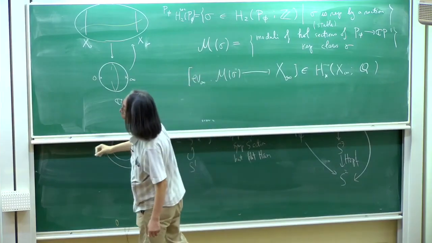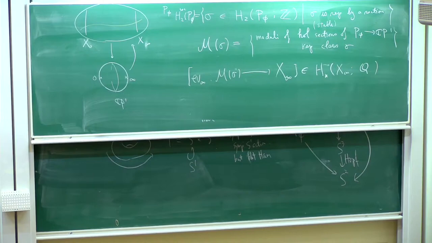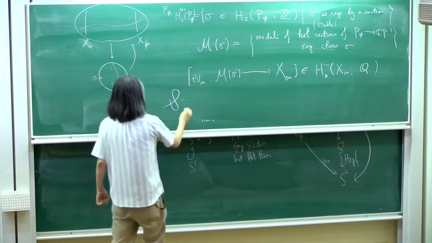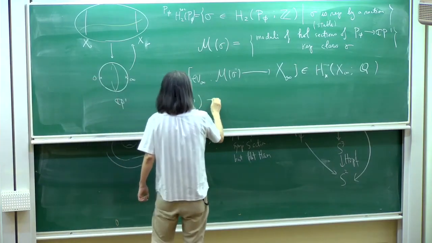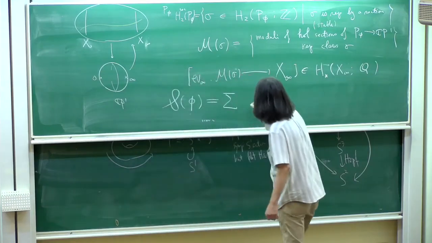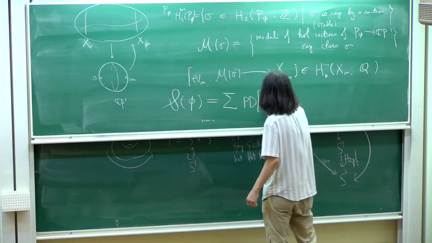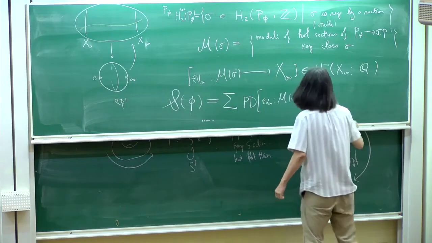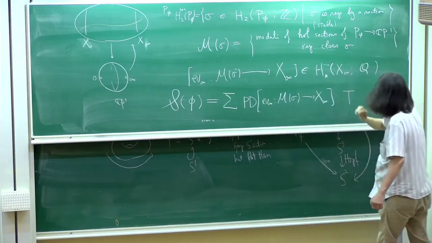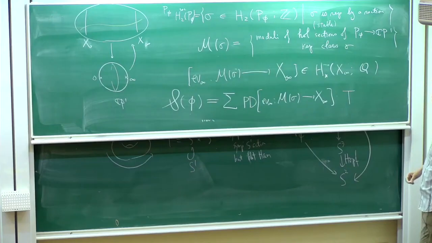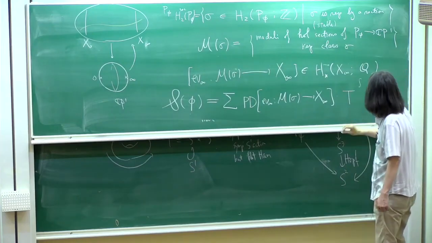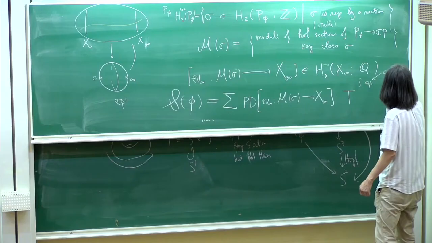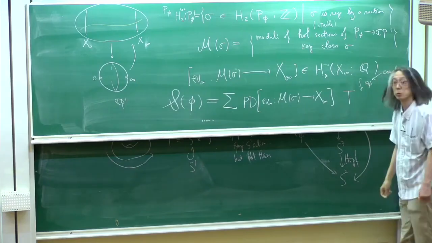So if you take its Poincare dual class, then you get something. So I didn't really give the name for the Seidel homomorphism. Maybe the Seidel homomorphism S of phi is equal to the sum of the Poincare dual class of this evaluation map from M sigma to X infinity, and then here is a little bit interesting thing. Here I have T to the power of the integral of the coupling form over this sigma.